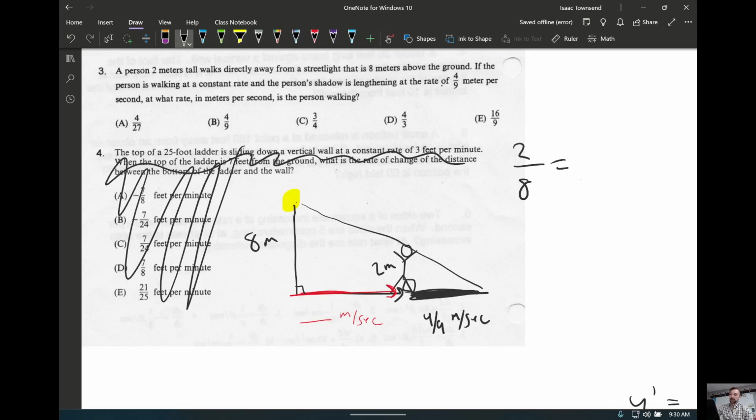So you'd have to say, I don't know what this is, I'll call it X, and I don't know what this is, I'll call it Y. So 2 on the small triangle is like 8 on the big triangle, whereas X on the small triangle is like all of this X plus Y on the big triangle. It's not just Y, because that's just part of the big side. X goes to X plus Y. So this is the magical geometry formula that you have to remember enough of to come up with.